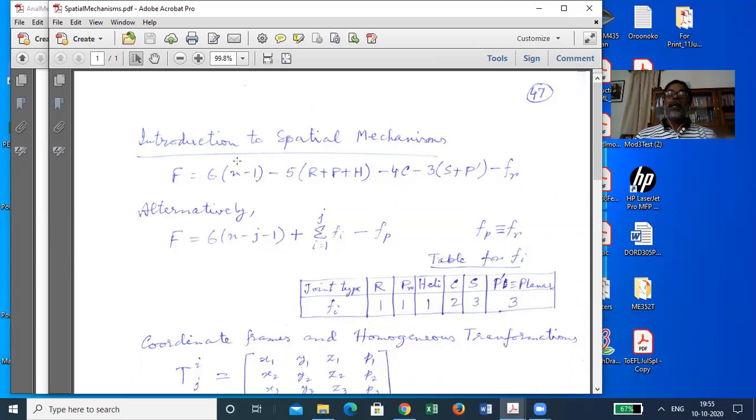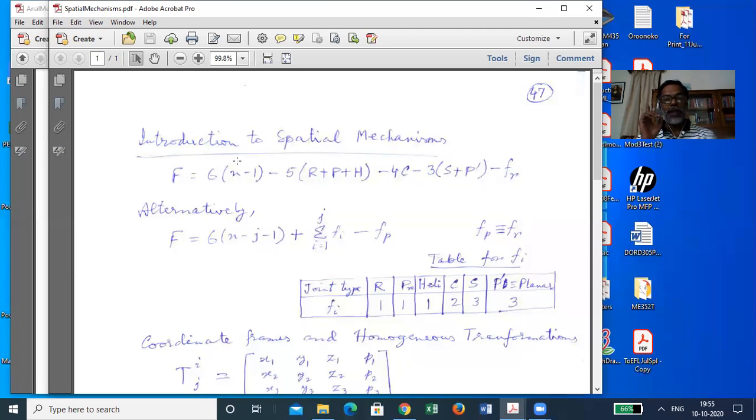Say, we should actually start from the Kutzbach equation of degrees of freedom. Now, initially, we discussed that there are several kinds of pairs that are in use: revolute, prismatic, screw pair or helical pair, and cylindrical pair, spherical pair, and planar pair.